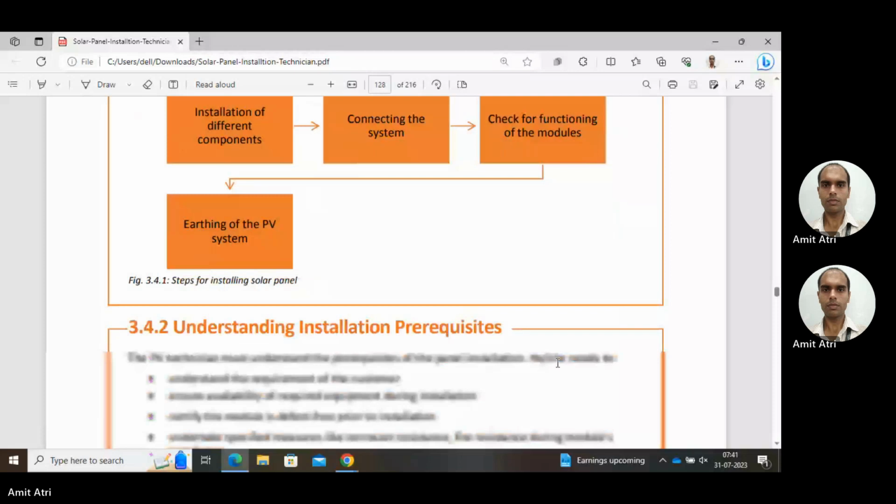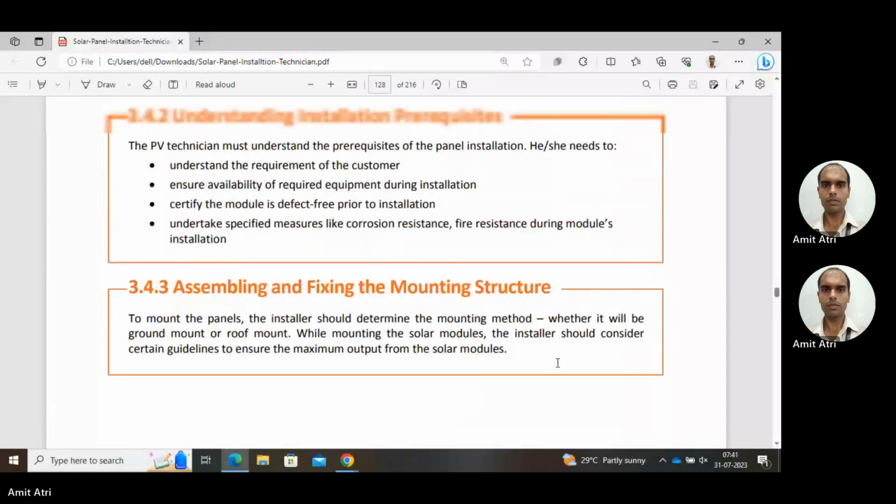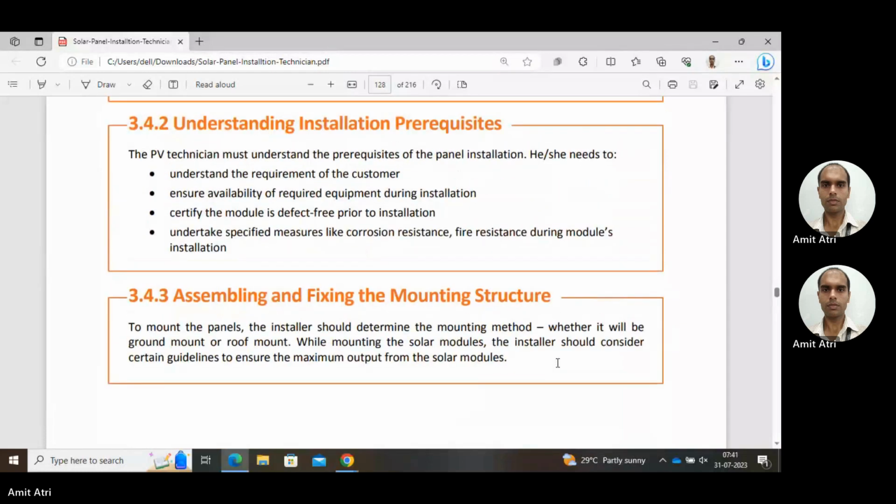Our system. Now next, we come to understanding installation prerequisites. What are the prior requirements for installation? This is from the technician's point of view, the installer who is performing this task.